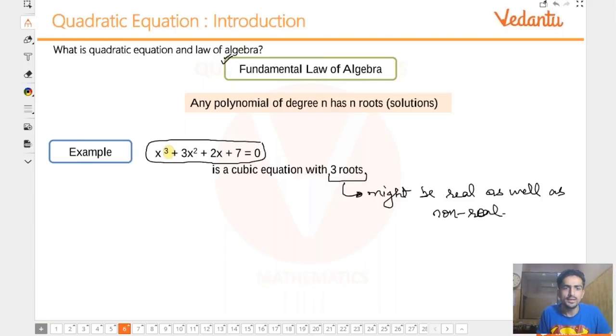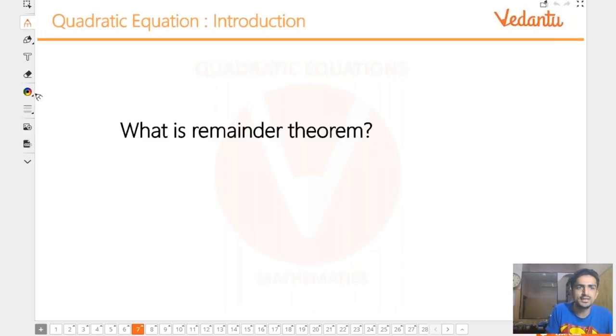Now guys, slowly let us get into the first major thing which you have done in 9th or 10th class, that is remainder theorem. Yes, Rishabh, you can say that. Now, what is remainder theorem?